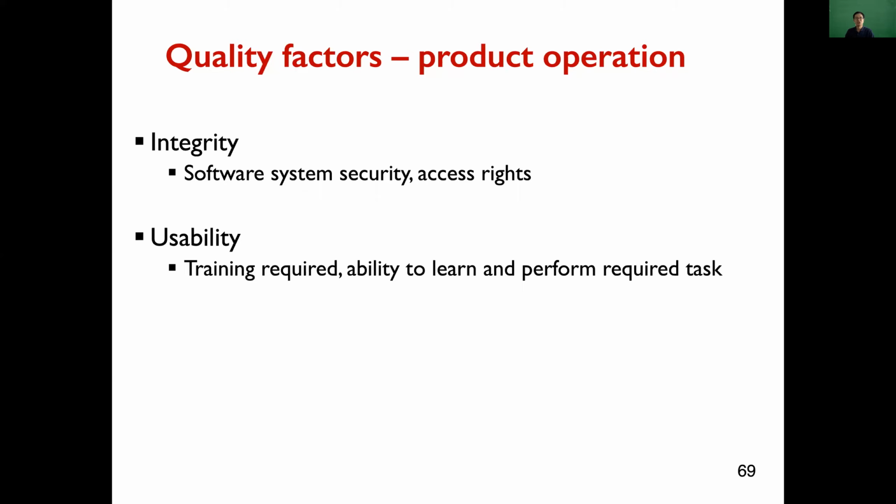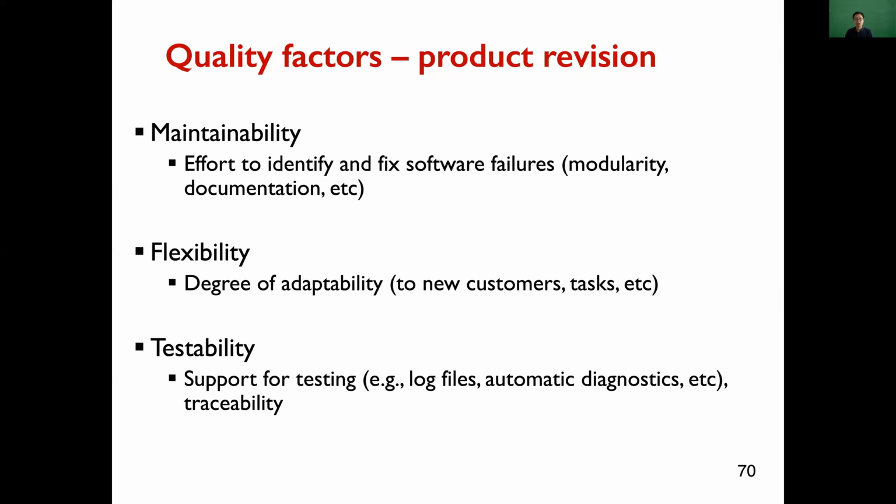The second dimension of the quality factors is about product revision. Several specific factors. First one, maintainability. Maintainability is about how easy the software is to be changed, how easy it is to fix bugs and detect bugs.